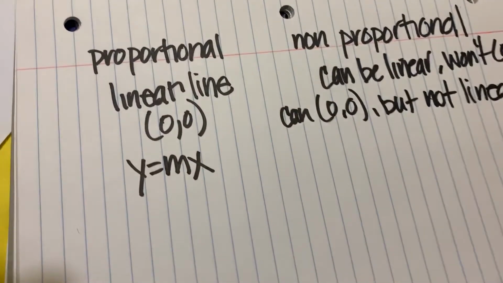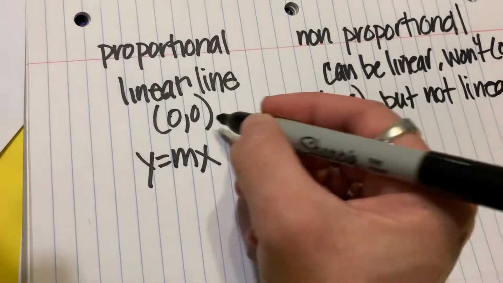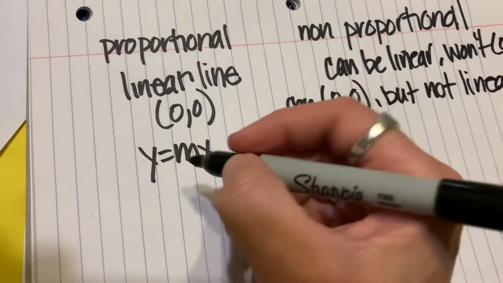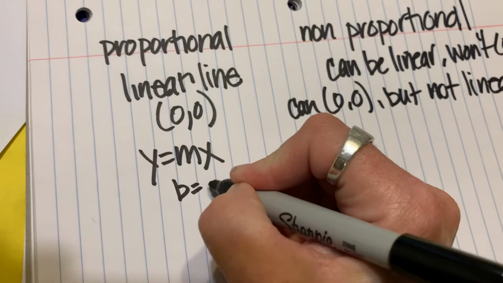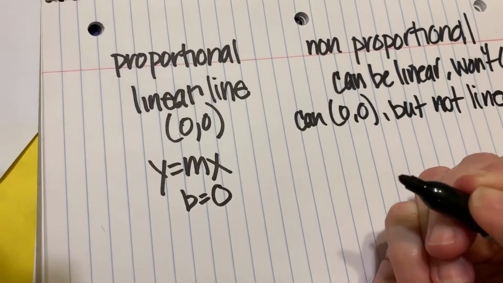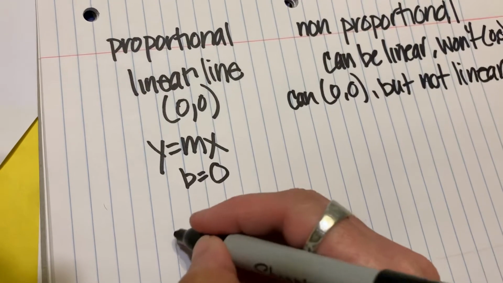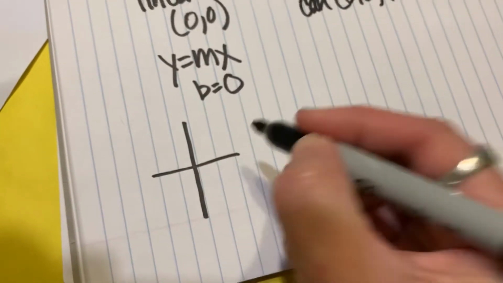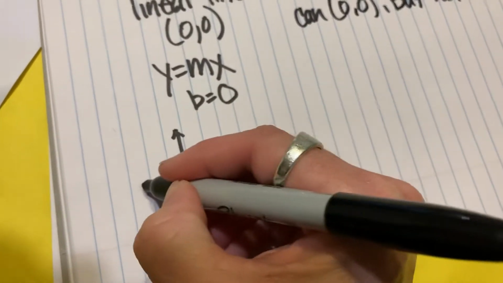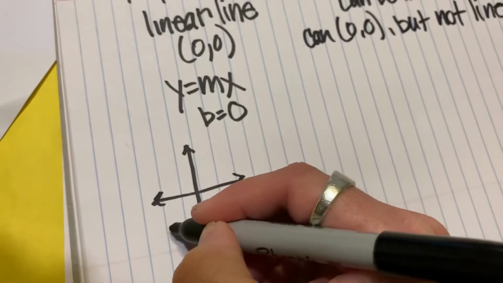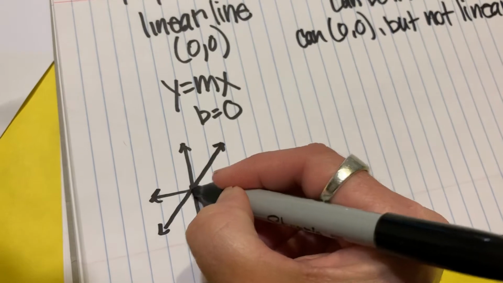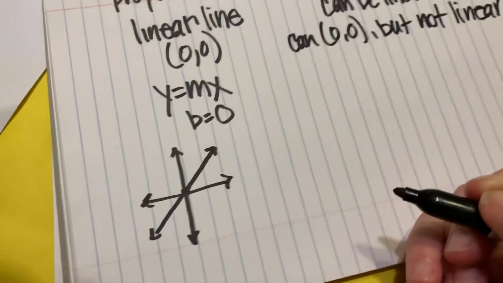You do not have a b because the y-intercept is 0. So b will always equal 0 in proportion. For instance, if you have your x and y axis, your line has to go through the origin, and it must be linear.